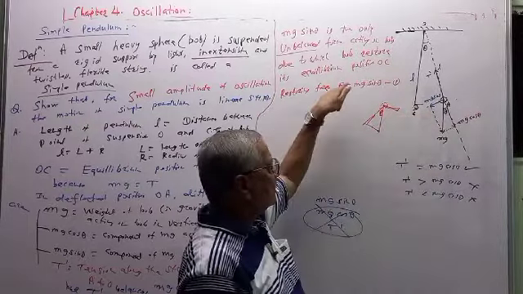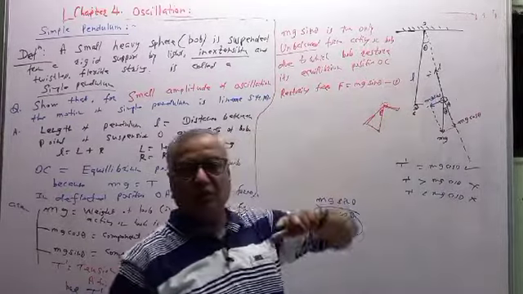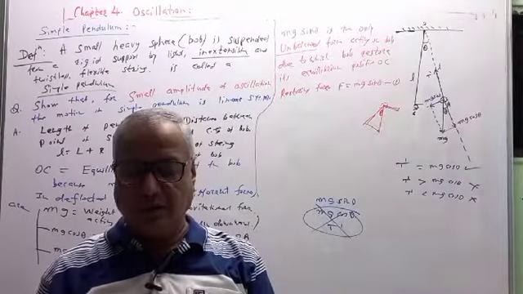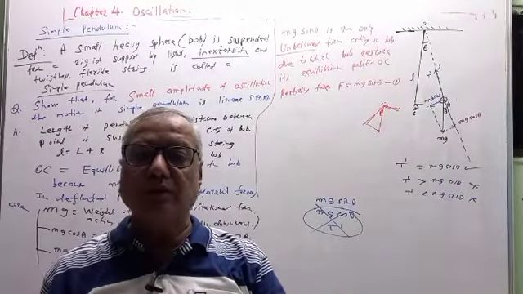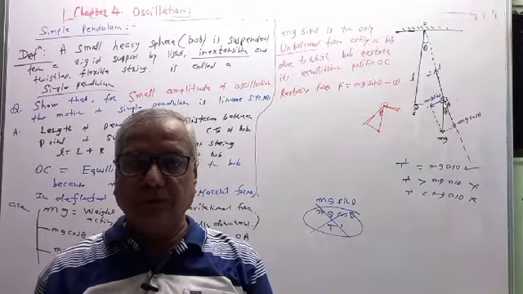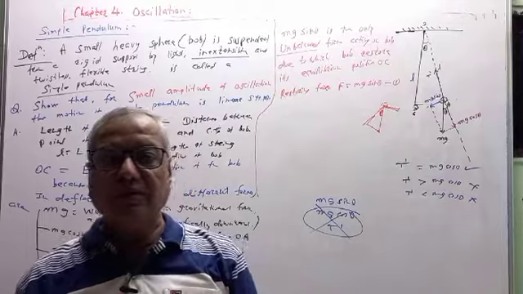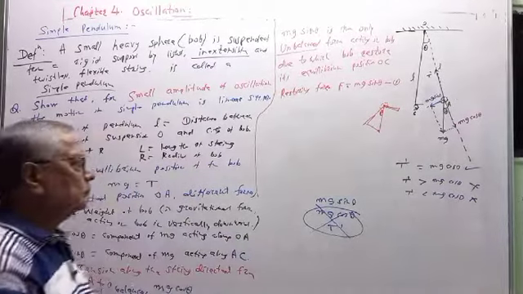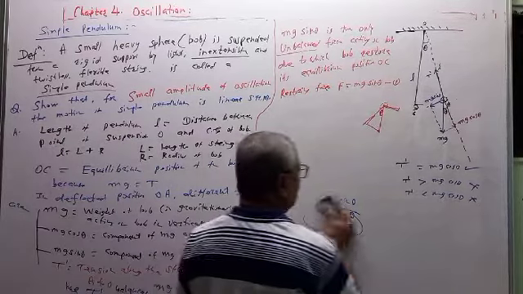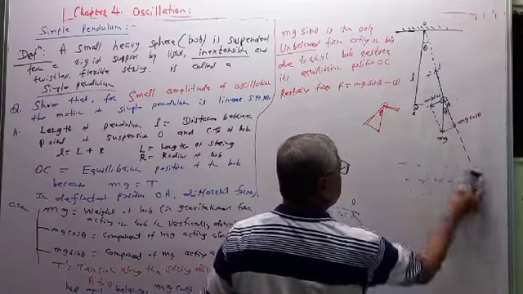Because of these two, the bob will perform oscillatory motion. So why does the bob have oscillatory motion? Because of restoring force and inertia. The same explanation we have seen in the very first lecture, spring pendulum, etc.